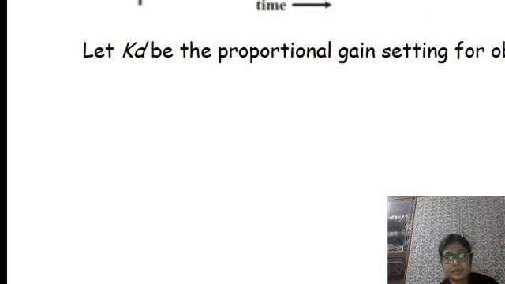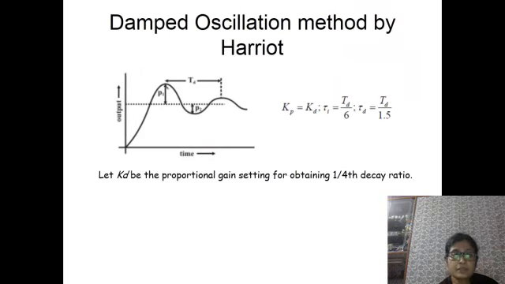Damped oscillation means how long the damping is allowed, that is, the decay ratio should be 1/4. For the model, the decay ratio is 1/4, and under this condition, this is the time period. Decay ratio means the second overshoot to the first overshoot, and the time period is Td.